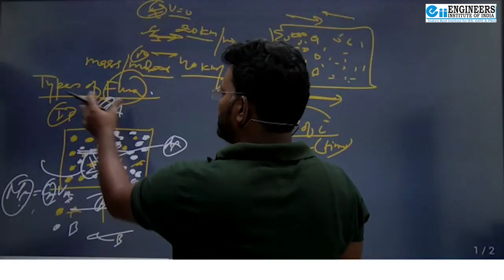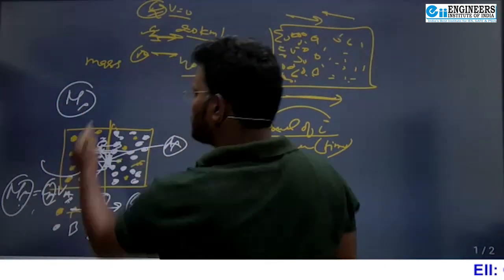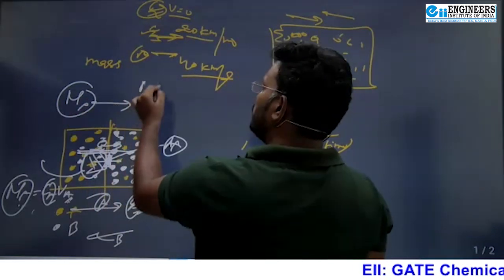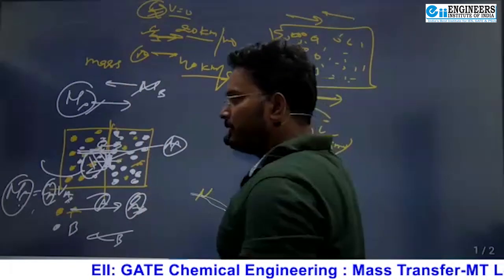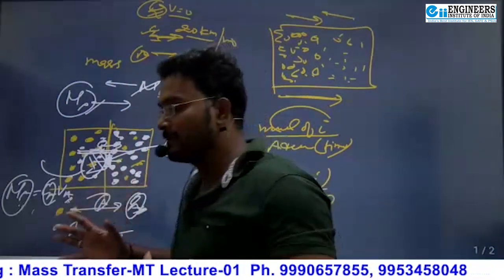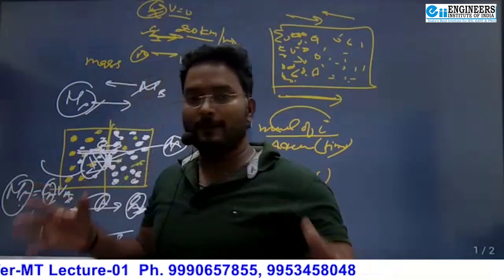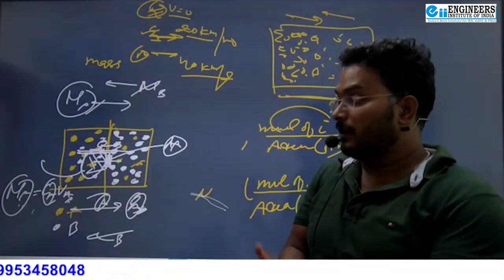Here it may be possible that the total flux of A is, let's say, Na, moving from left to right, and the total flux of B from right to left. If they are equal and opposite, then what happens? Total flux is equal to Na plus Nb. Total flux, not of any species.